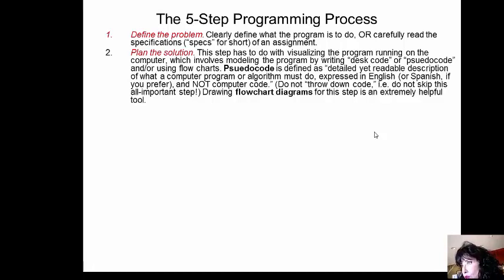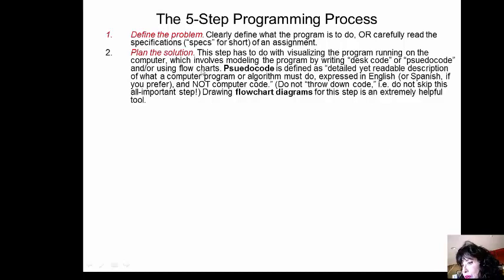Well, the Ivy League school did not do this key second step. Instead, they kept throwing down code and not getting the answer they were hoping for, and then rewriting, recoding, running it again over and over. San Diego State was a little bit more savvy. They did plan their solution.